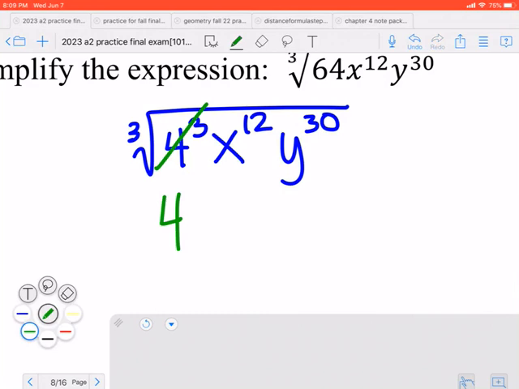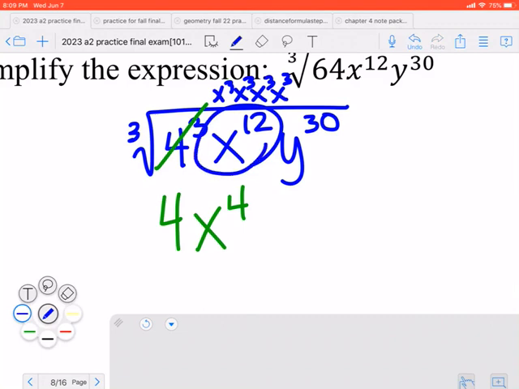The third root of x to the 12th is x to the 4th, because you would have x to the third, x to the third, x to the third, x to the third. You could factor that out or separate them, and there's 4 of them, so each one is an x, so you'd have x times x times x times x.